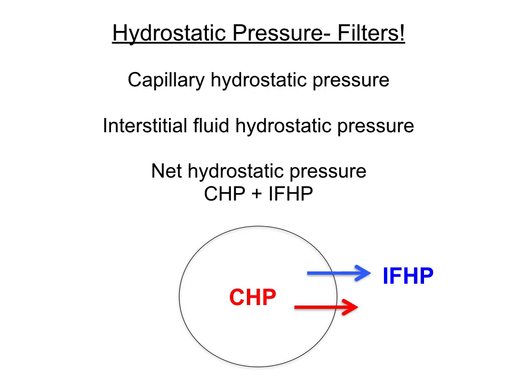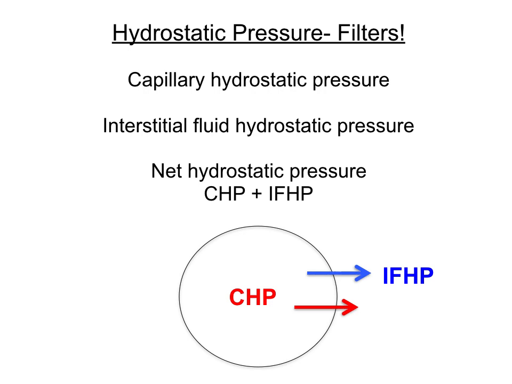Now let's talk about your hydrostatic pressures because those are going to help you filter. Hydrostatic pressure, again, is the physical force exerted by a liquid against a surface, in this case, your capillary wall. There are two hydrostatic pressures at play across your capillary wall.